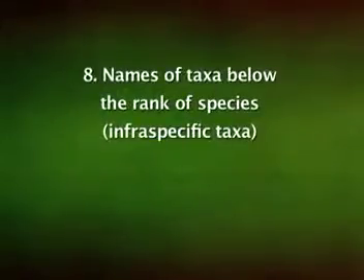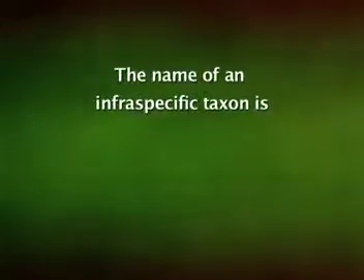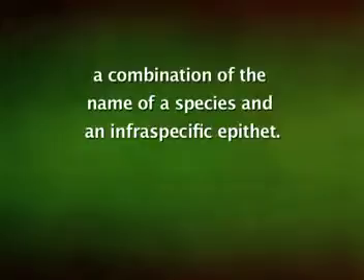Rule 8. Names of taxa below the rank of species, that is, infraspecific taxa. According to Article 24, the name of an infraspecific taxon is a combination of the name of a species and an infraspecific epithet. A connecting term is used to denote the rank.